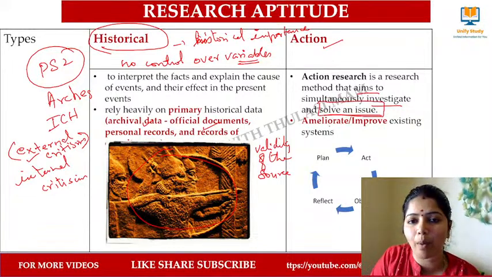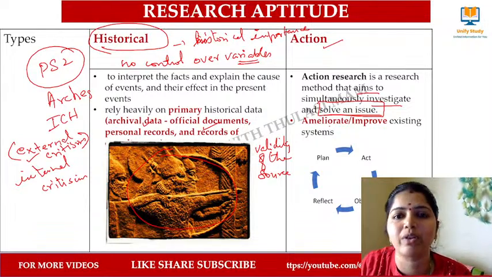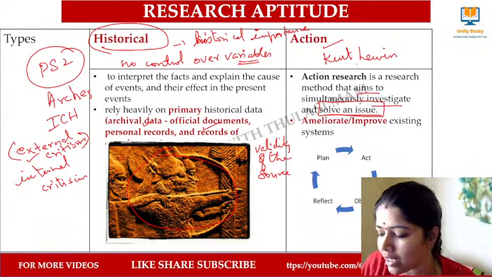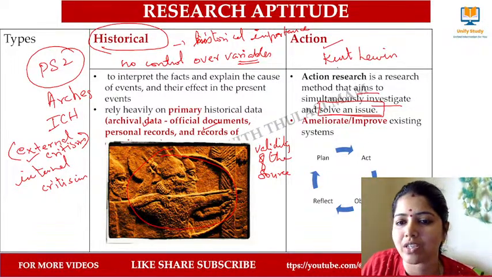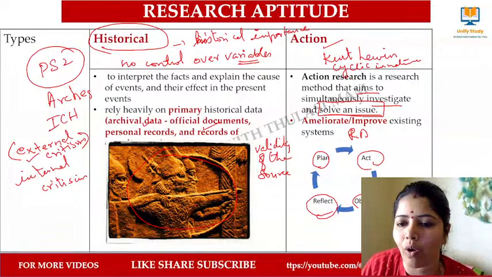So there will be some problem in the system. What we'll be doing is improving the system by doing a research, and that research we call action research. So here it is proposed by whom? It is proposed by Qualitative. And this action research is always cyclic in nature. It is plan, act, observe, reflect.